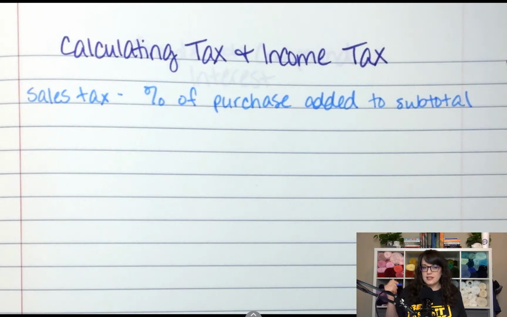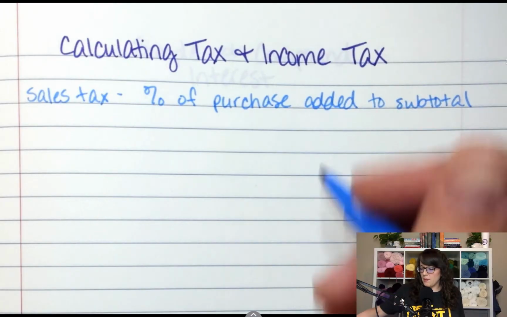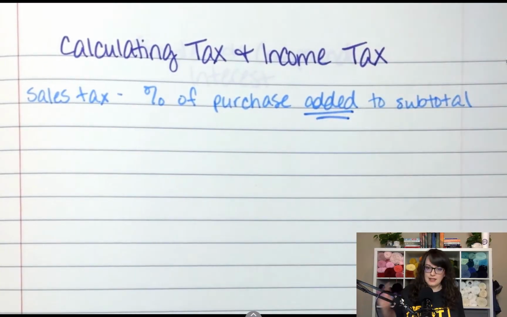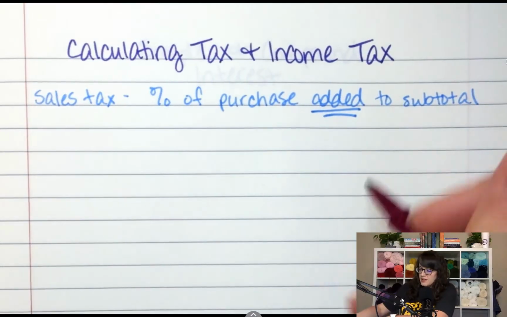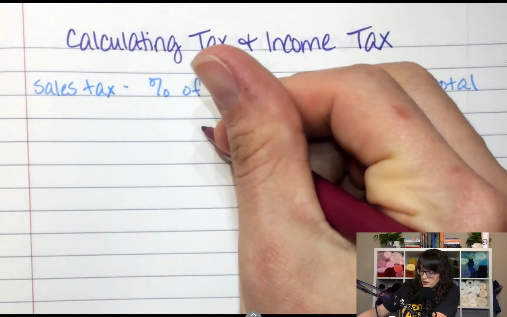Quick quiz. Sales tax. Does it make the price go up or does it make the price go down? Sales tax makes the price go up because it is added to the price. The most comfortable way most of us probably like to find percents is by using a proportion.